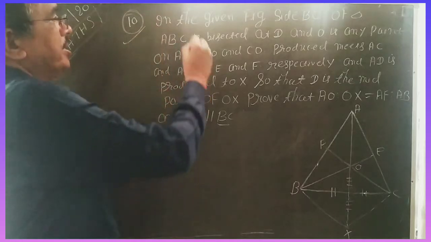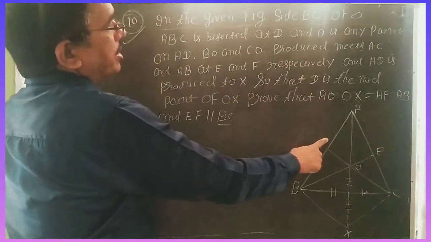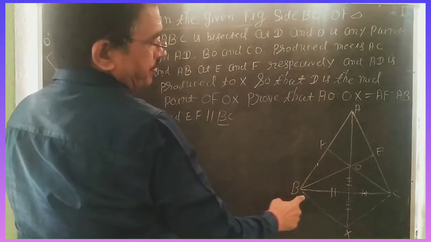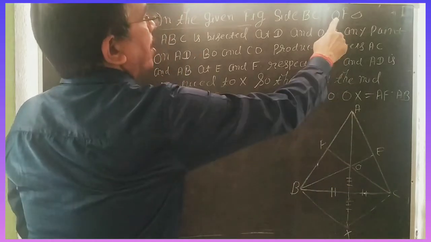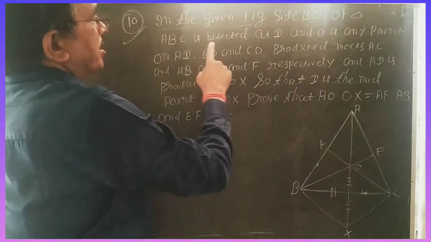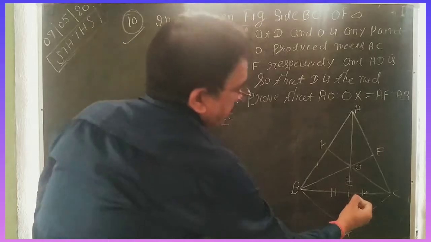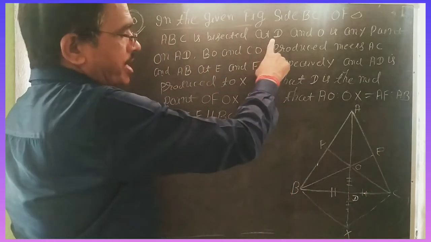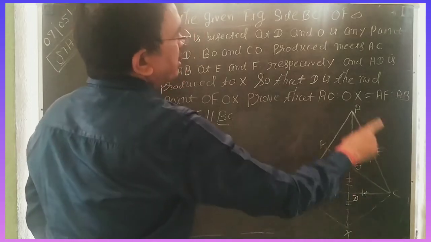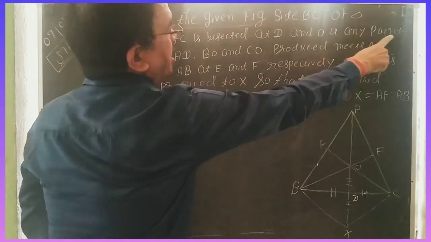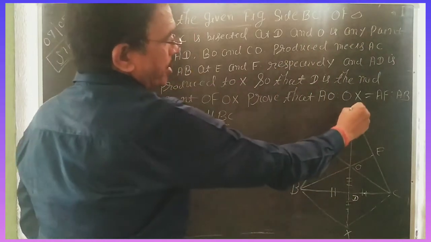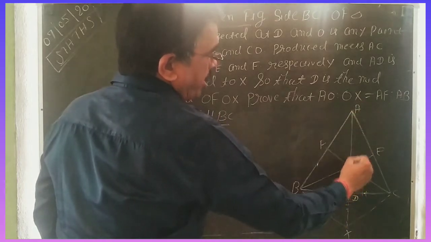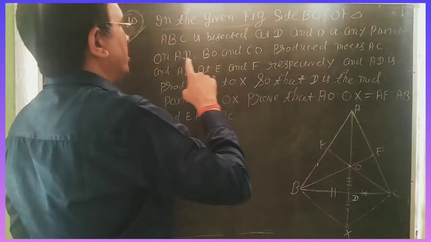Question number 10. In the given figure, side BC of triangle ABC is bisected at D. That means BD is equal to DC. O is any point on AD.